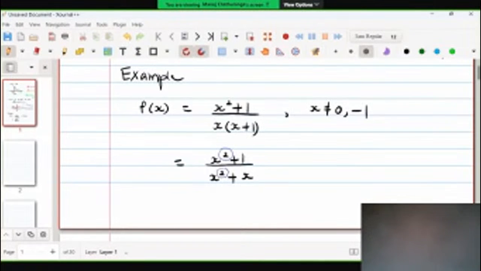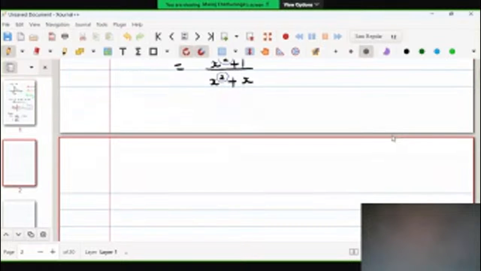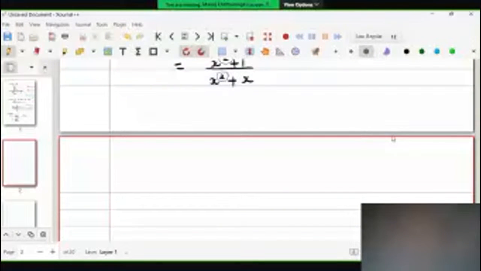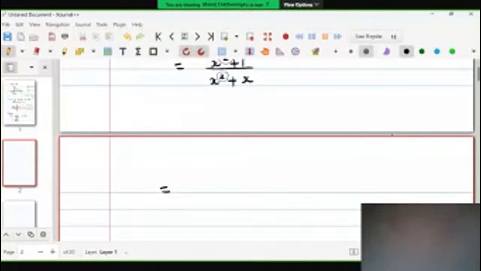What you do is you divide both numerator and denominator by the largest power of x. So this will be 1 plus 1 over x squared, over 1 plus 1 over x.